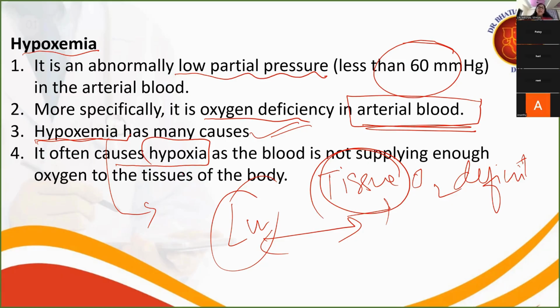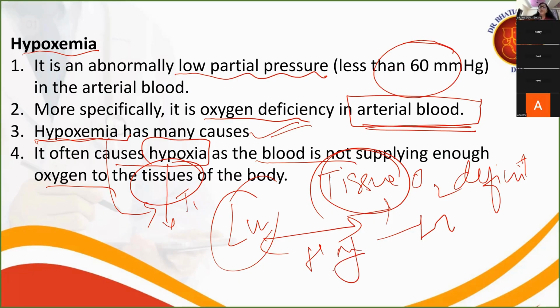So hypoxia is oxygen deficiency at the tissue level. It often occurs if the blood is not supplying enough oxygen to the tissues. Though hypoxemia is the most common cause of hypoxia, it is not always so. Hypoxemia may cause hypoxia, or sometimes hypoxia may exist without hypoxemia.